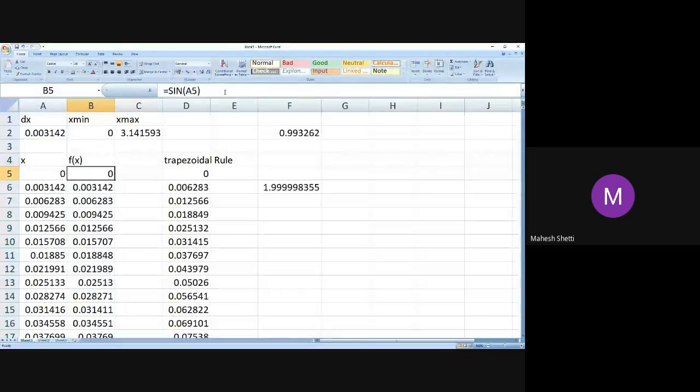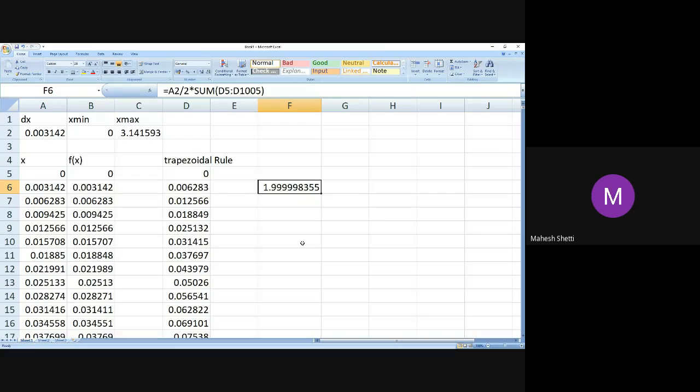So I'm getting the integral of sine x dx from 0 to pi, and you know that the area under the curve is 2. When you analytically solve this particular problem, the integral of sine x is nothing but minus cos x, and you put the limits 0 to pi, so you get cos of 0 minus cos of pi, with that negative sign included.